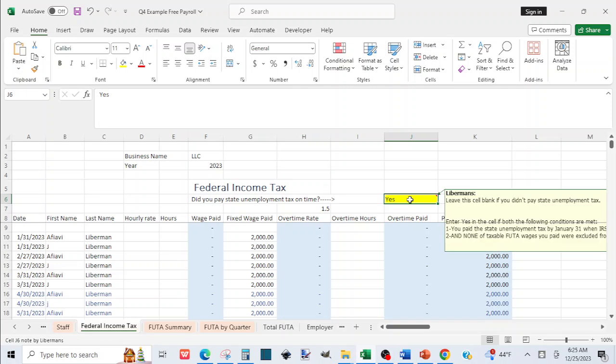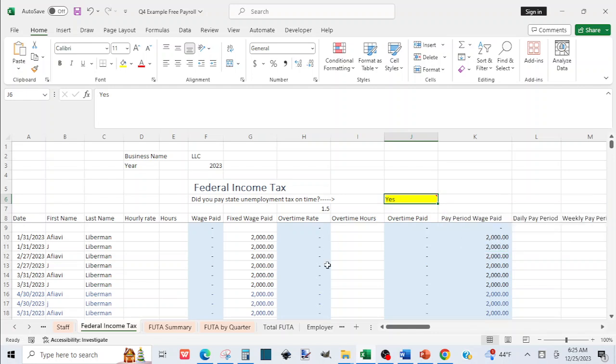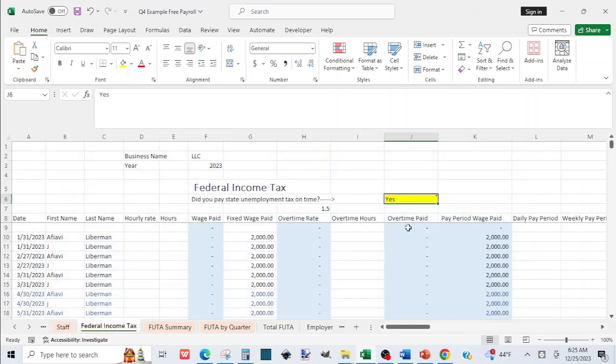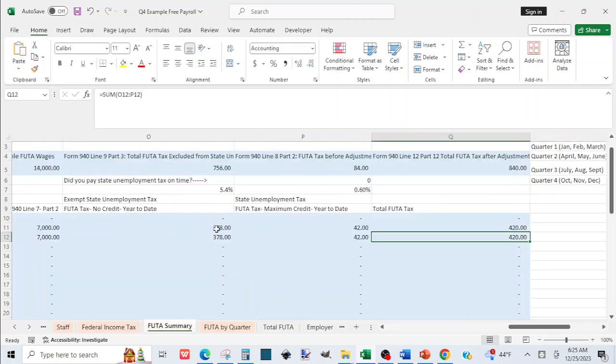So if you are going to pay state unemployment tax, and you pay on time, you will put yes. When you put yes, it's automatically going to calculate 5.4% there. But if I take that yes out of there and I go back, it's going to calculate it.